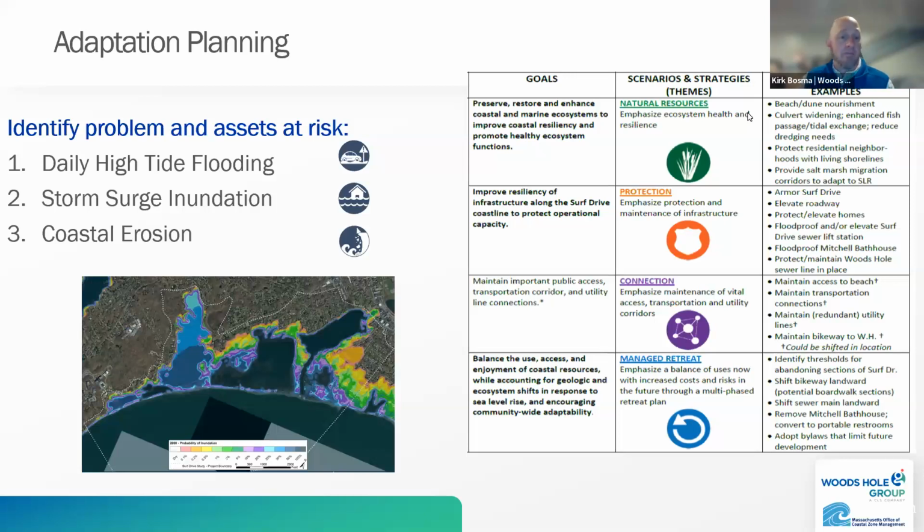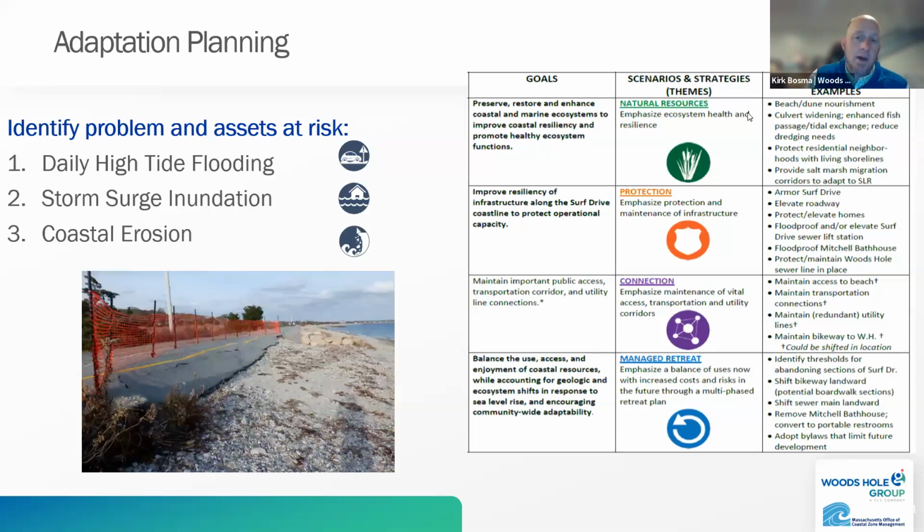I know some of the people online have worked in this area on some of the different assets that might exist. What we were looking to do here is really think about this in a dynamic, adaptable way. And so we developed these themes or approaches to think about this area, including all the different assets that exist, from emphasizing ecosystem health over the long term.